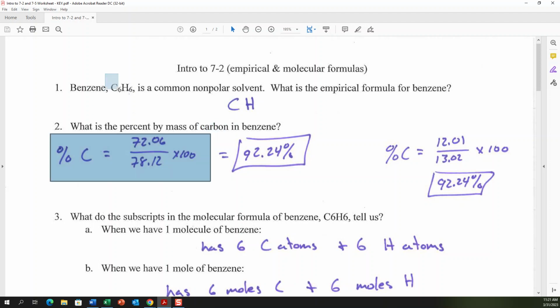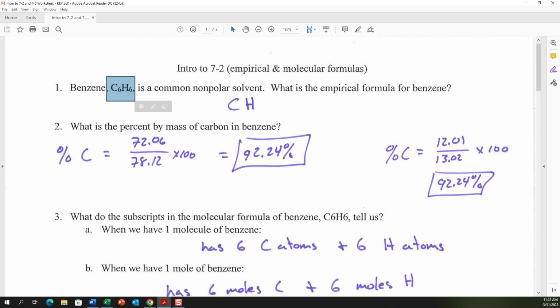If we look at the molecular formula, we can assume we have 1 mole of the compound, and that means we have the molar mass of the compound. So 78.12, that's the molar mass of C6H6.